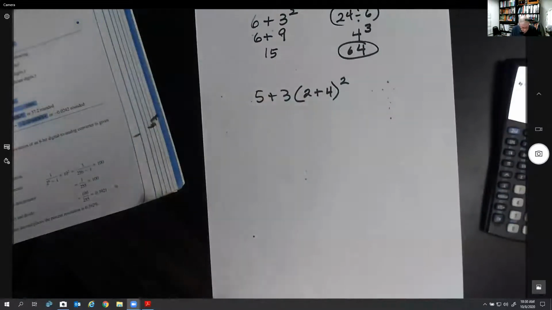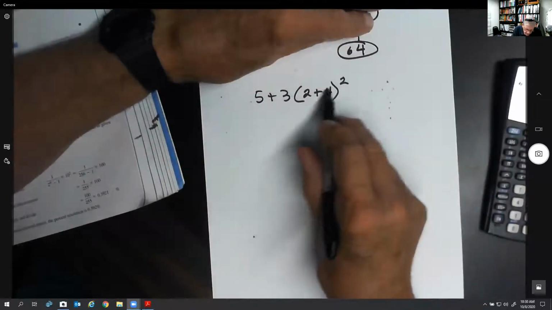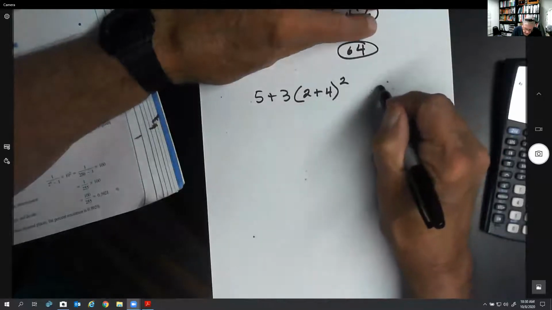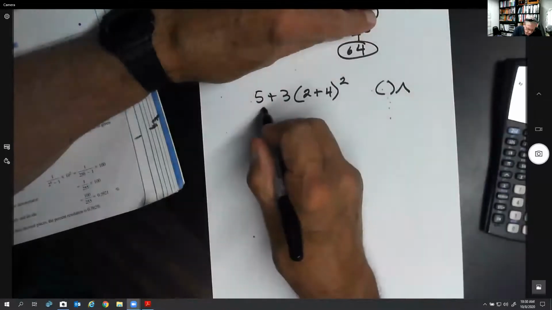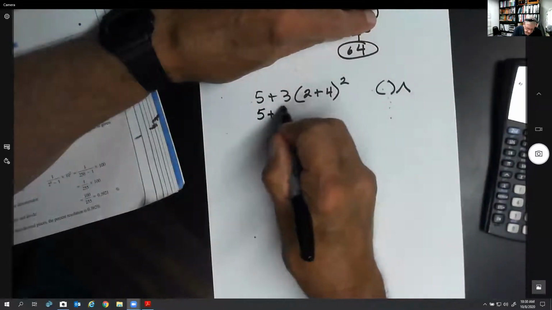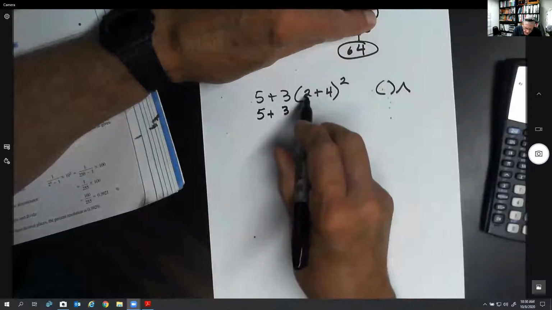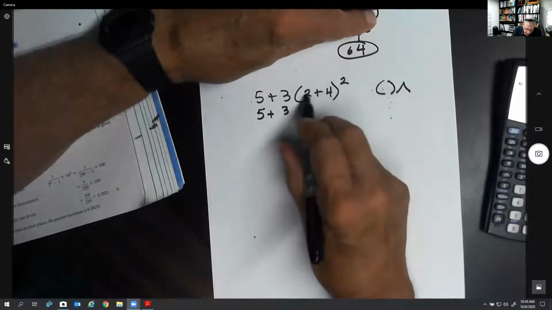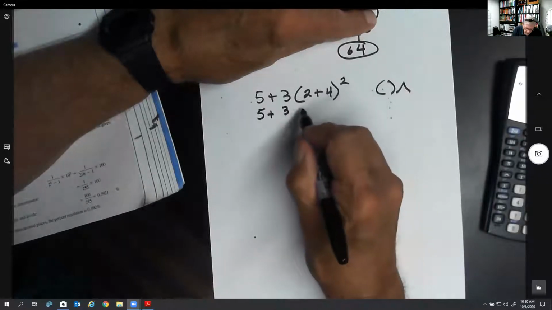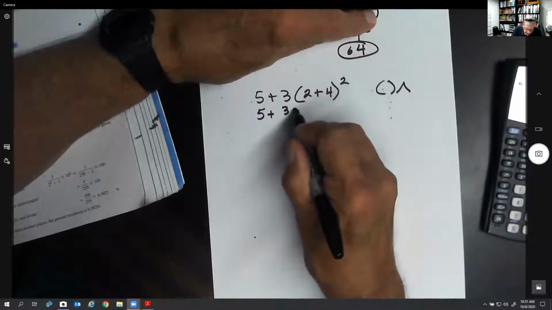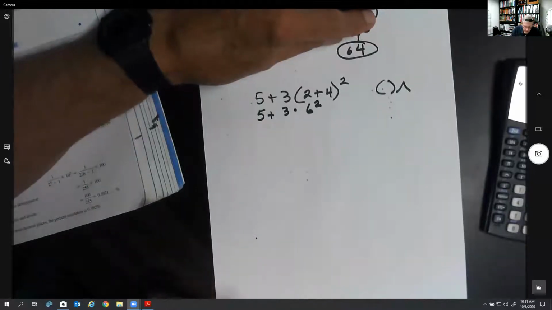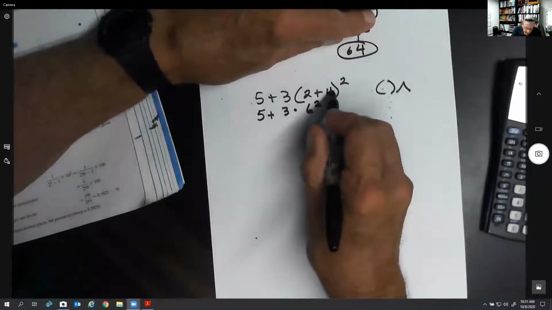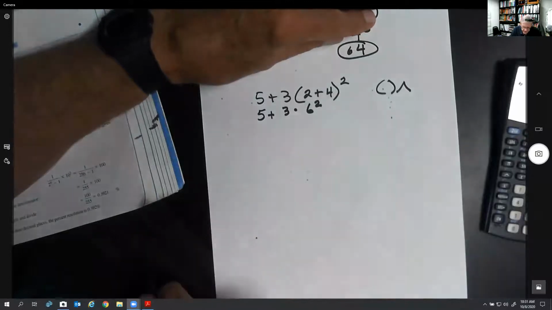No, no. You must do the parentheses and powers first. So the 5 stays, the plus sign stays, the 3 stays. Now, before I can do this power, I need to do this parentheses. So I'm going to put times 6 squared. So I am going to add these together to find out what's in that parentheses. Then I'm going to do what?